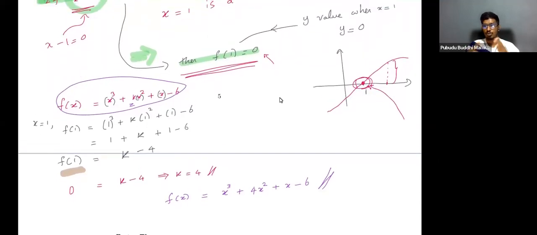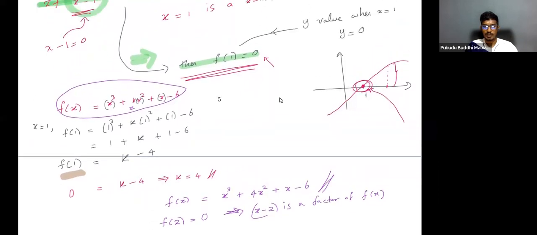Always remember, you can go both ways. For example, if you can find a value, let's say 2, just a random value, f of 2, let's suppose f of 2 equals 0, then we can write that x minus 2 is a factor of f of x. But in this case, I don't know that, right? But in this case, f of 1 equals 0. What's the meaning of that?